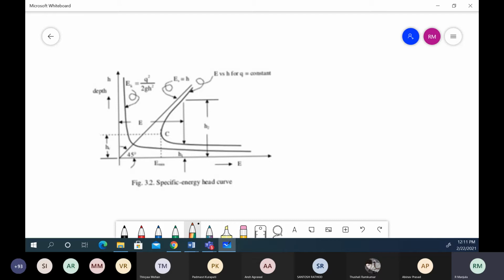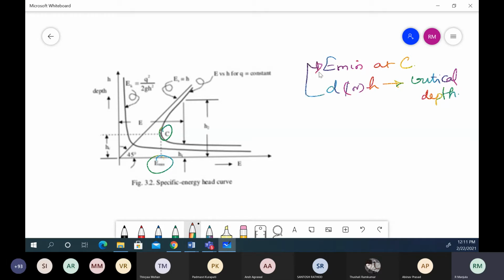As I told you, in the specific energy curve, where you are having E minimum, when the specific energy is minimum, which is at a point C, this is going to be your point C. And this particular depth of water in the channel, D or H, here you are replacing with H, this depth is called critical depth. So when specific energy is minimum, the depth of flow of water in the channel is called critical depth.